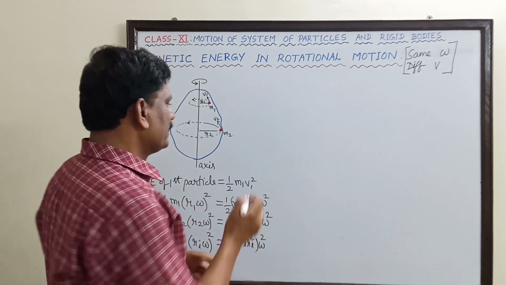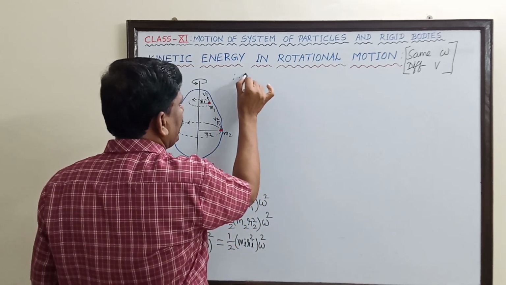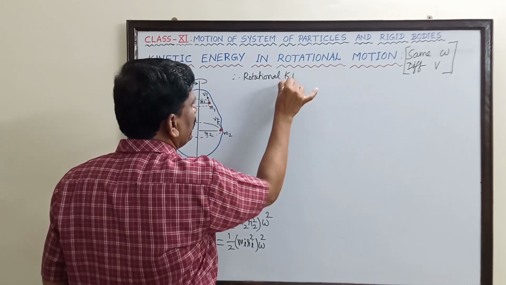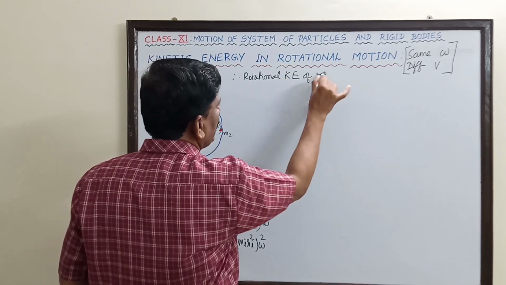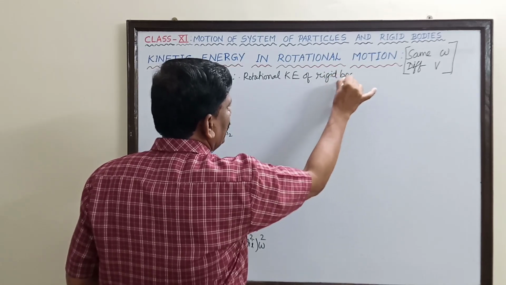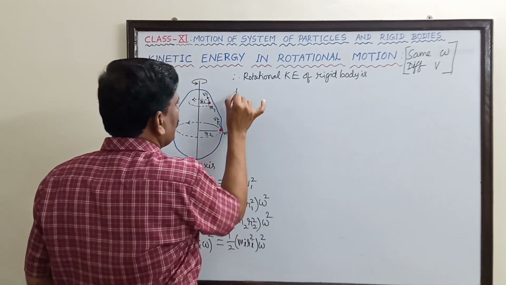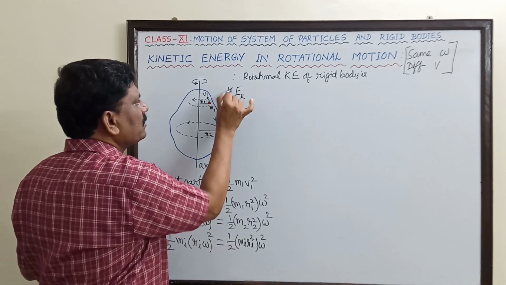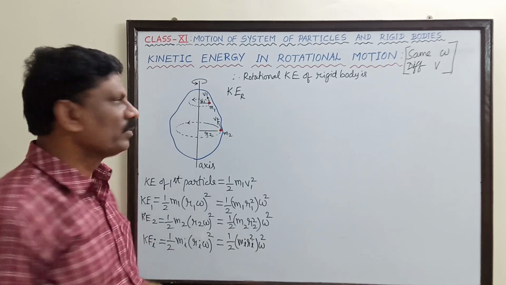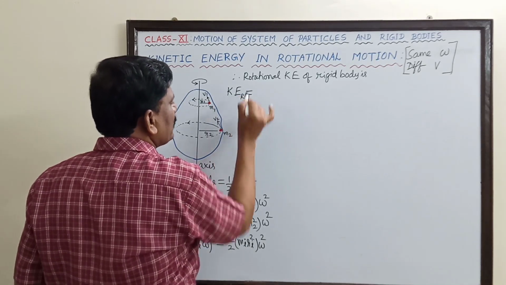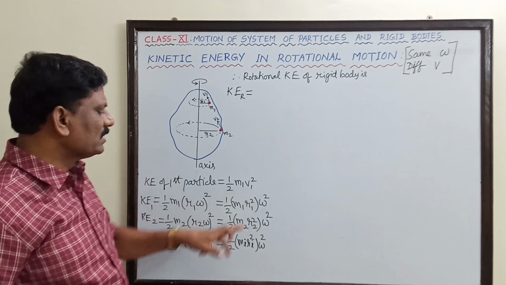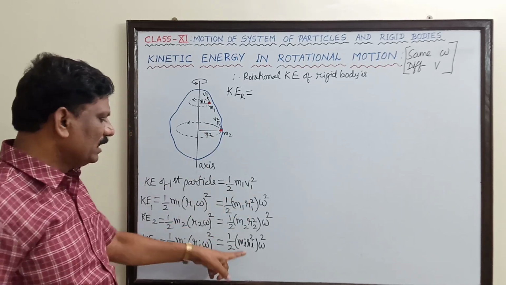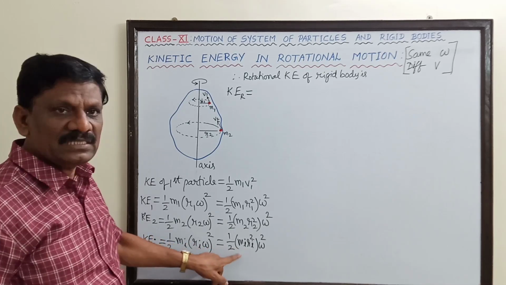Now what is, therefore, the total rotational kinetic energy? The rotational kinetic energy of the entire rigid body is represented by ER, or KER also we can write, kinetic energy rotational. So this is equal to half m1 v1 square plus half m2 v2 square, like that, the algebraic sum of all the terms.